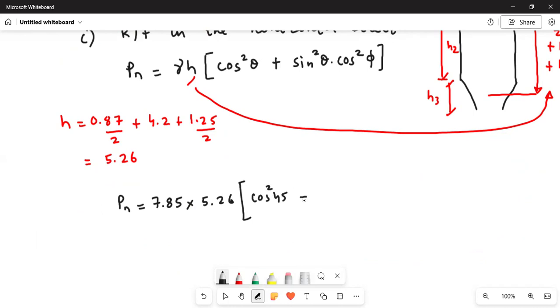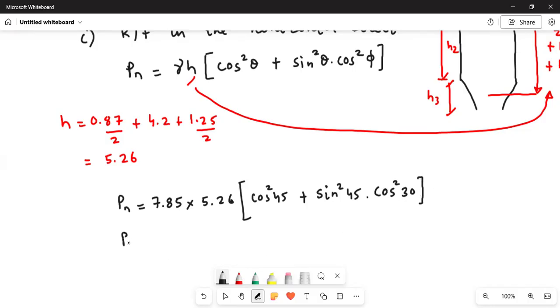Cos square theta plus sin square theta, that is sin square 45 degree into cos square 30.